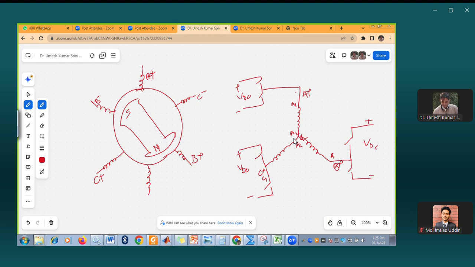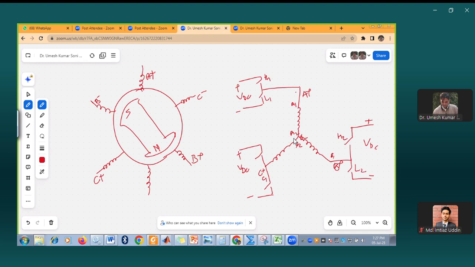The BDC terminal is common. All the BDC terminals are at the same place, making the three-leg inverter. We say here H1, L1, phase B, which is the upper switch, the high switch, and the low switch L2.